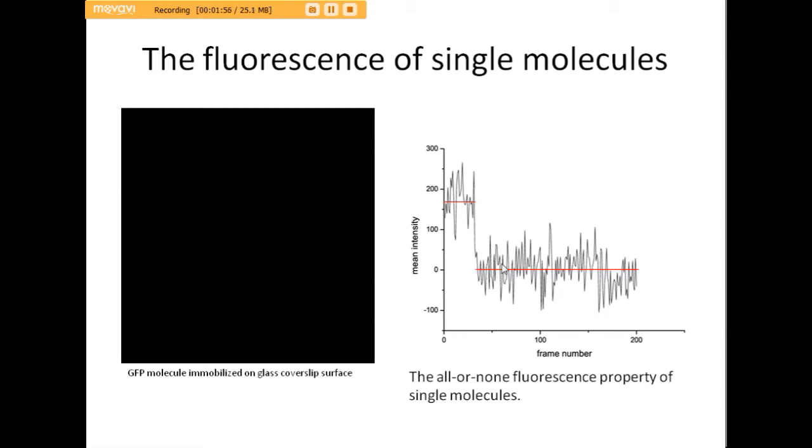Now the intensity is about 0, about the background fluorescence intensity. We call this the all-or-none property of single molecule fluorescence.